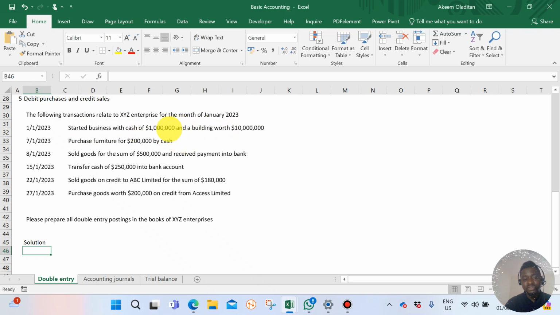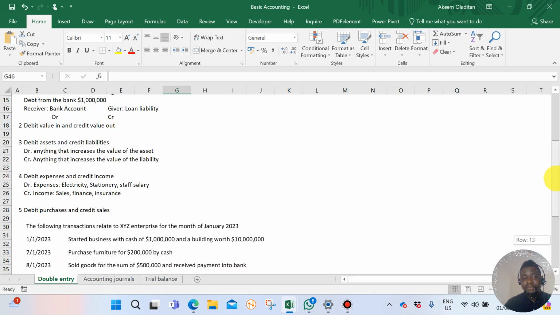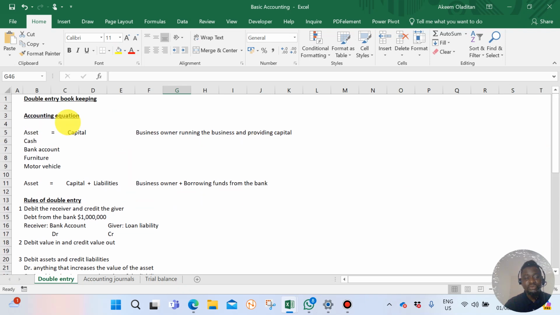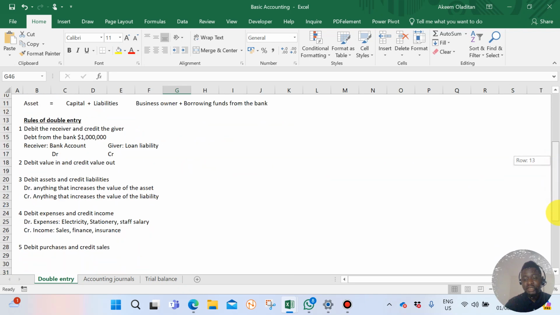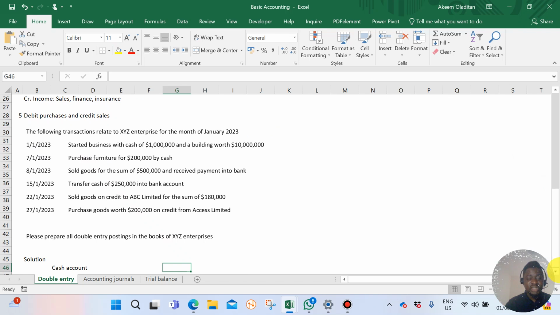So let's take it one step at a time. The first one is started a business with cash. So what do we need to do to complete our double entry? We know that there's a cash account, and don't forget I said earlier that when we start a business, the owner brought in capital. So when you say you start a business, what should come to mind is capital. So we have a cash account, then it means we have a capital account.